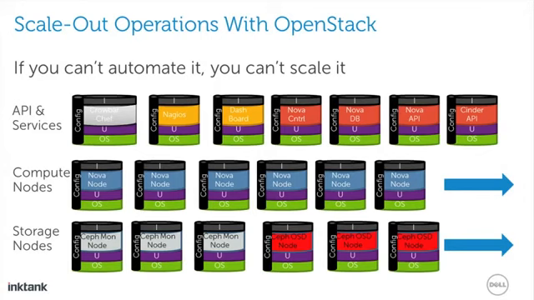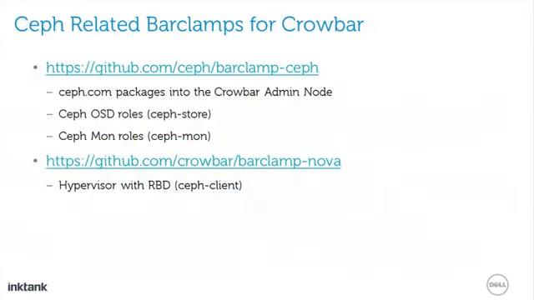So from a practical point of view, how does this work with Crowbar? As Kamesh hinted, we have these things called barclamps, which are these modular pieces of code which allow you to define specific roles or profiles for parts of the stack here. So at Inktank, we worked on the Ceph barclamps, and they do a couple of things here.